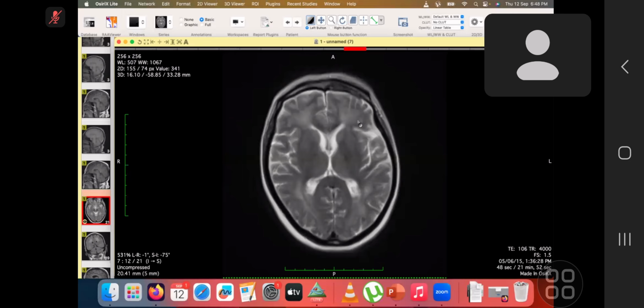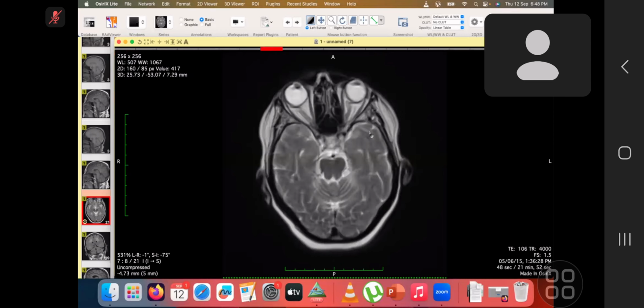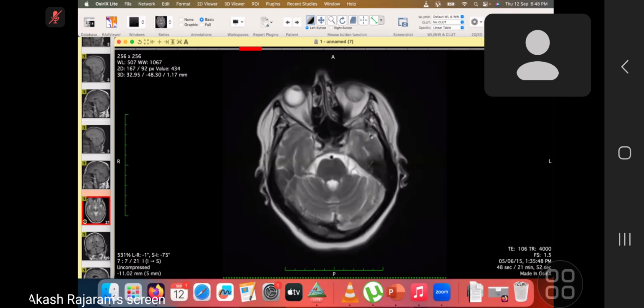So I'm presented with an MRI of the brain with axial T2 sequences. Just going to scroll through the images.